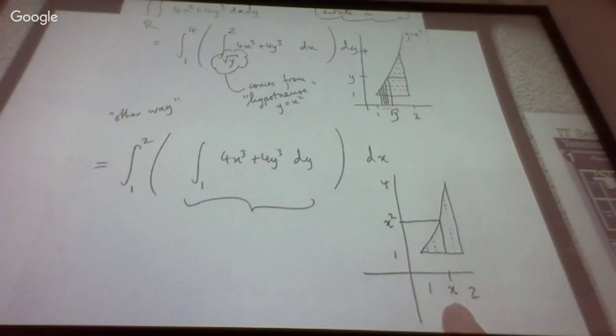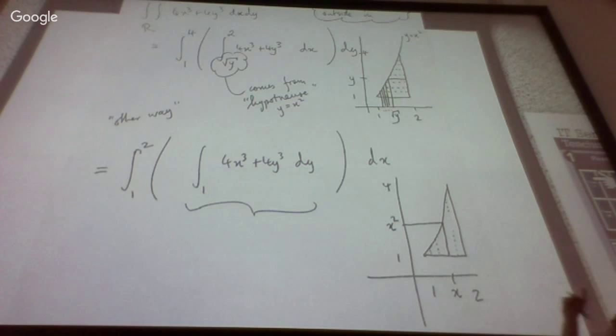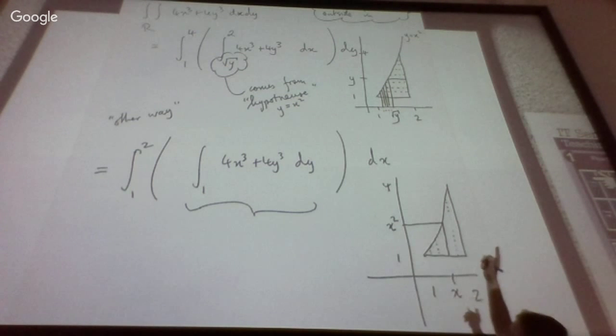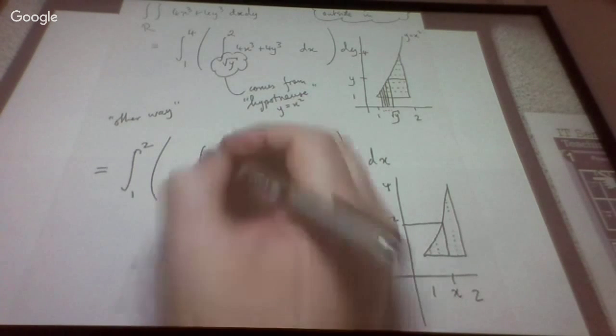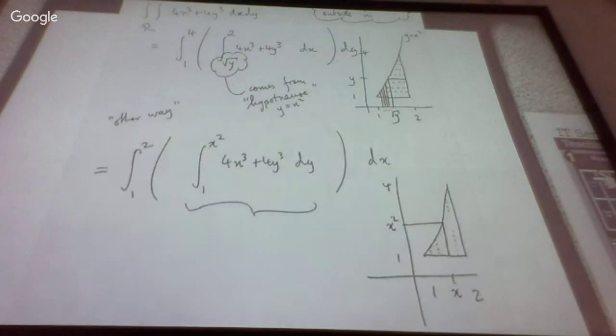If we're talking about the vertical strip at a particular value x, the y variable along that strip just goes up as far as x squared, because that's the definition of this curve. So that's why we're integrating from 1 to x squared. There's a definite procedure, flow or order in which we arrive at these limits of integration.